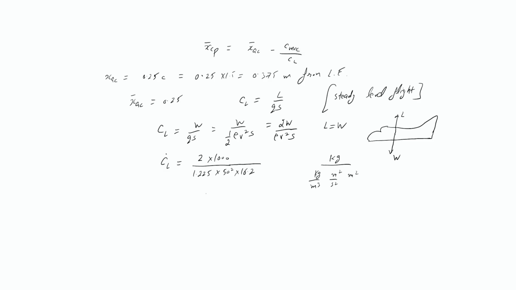We know the dimension of this should be unitless. If the kg goes, in the numerator we have meter power 4, and in the denominator we have meters per second square. So did it vanish? No. So this method of finding CL is actually wrong.